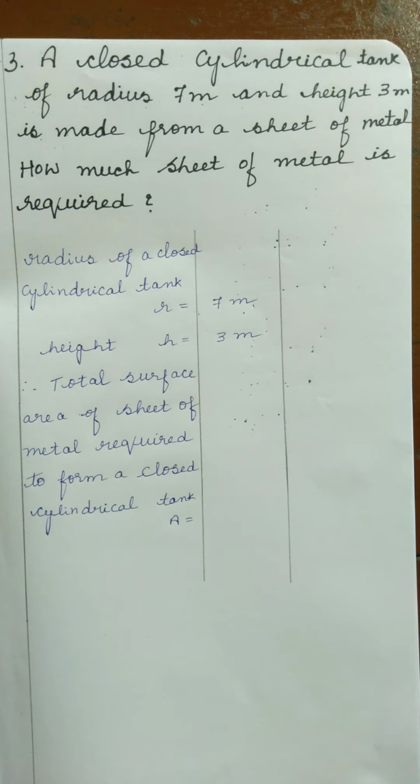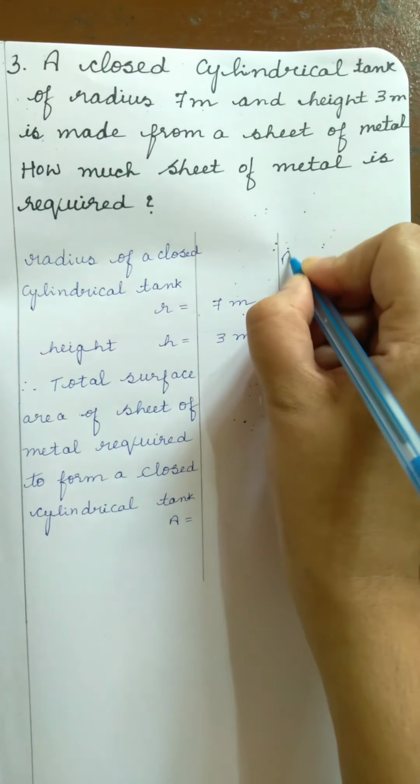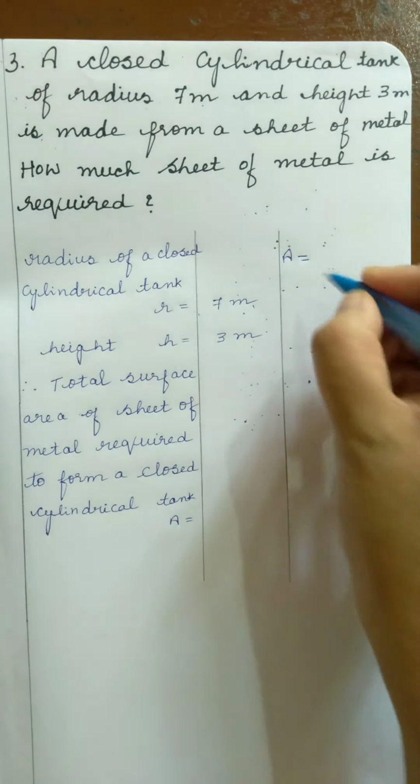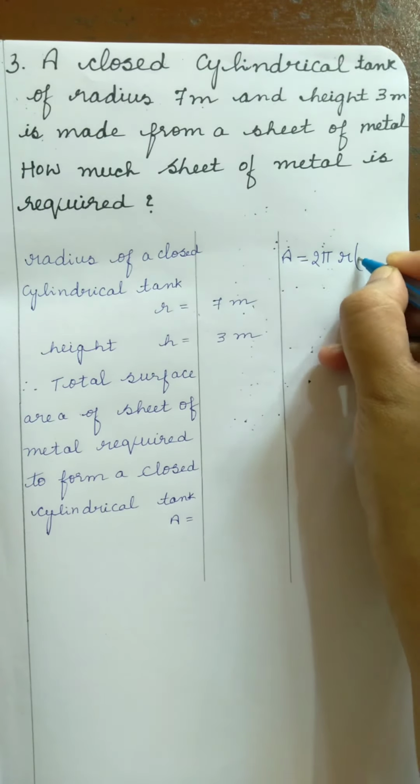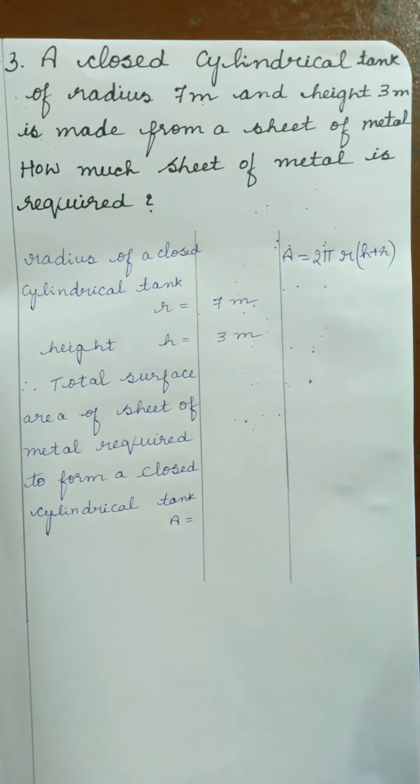Then what do we need to find out? We need to find out the total surface area of sheet of the metal required to form a closed cylindrical tank. We know the formula to find the total surface area of a cylinder, that is A is equal to 2 pi r into (h plus r).